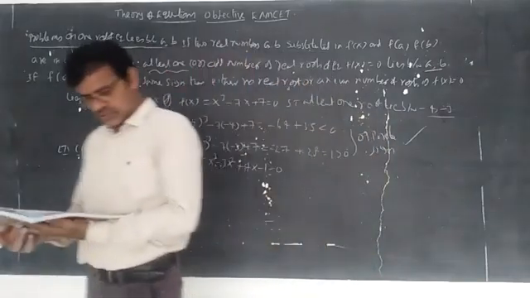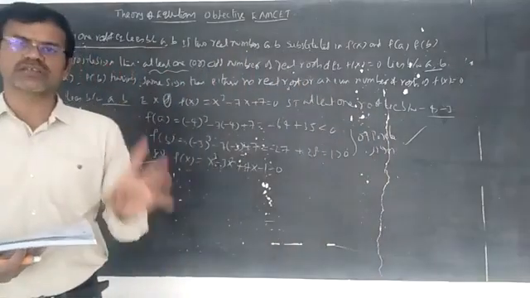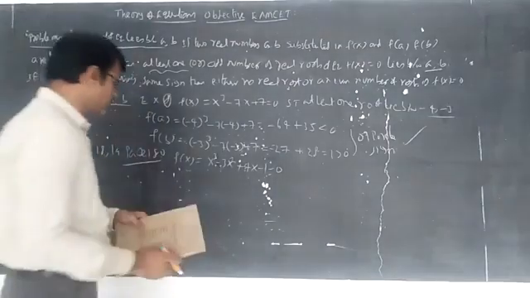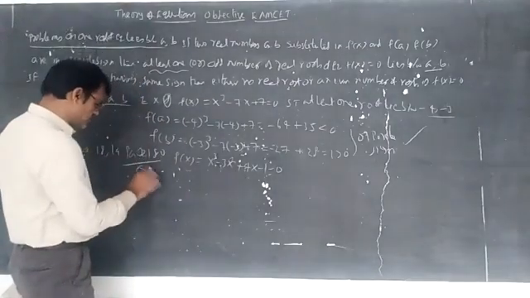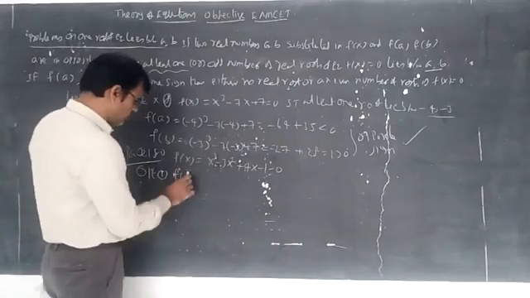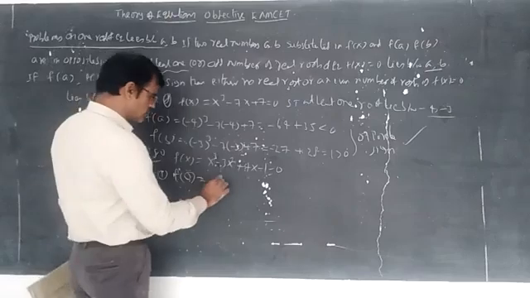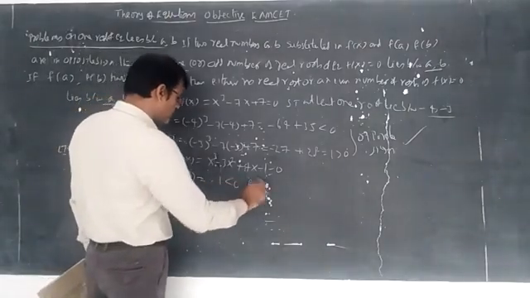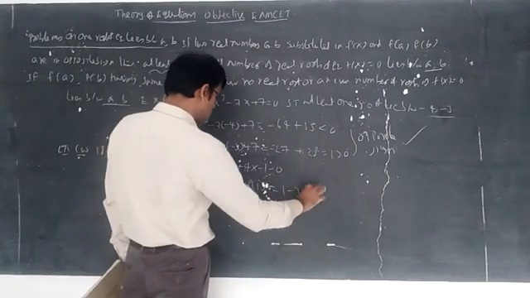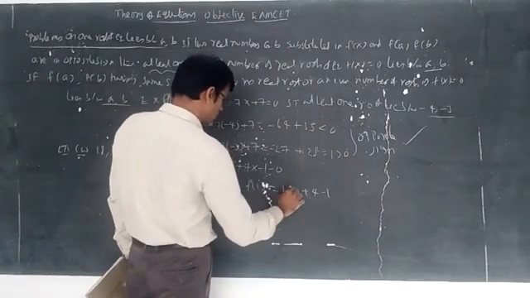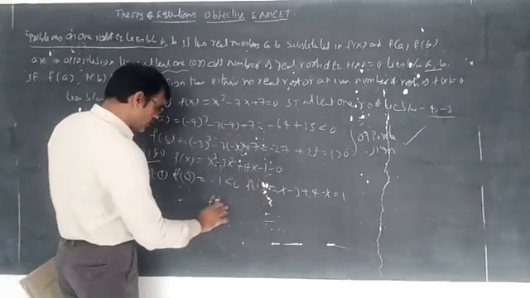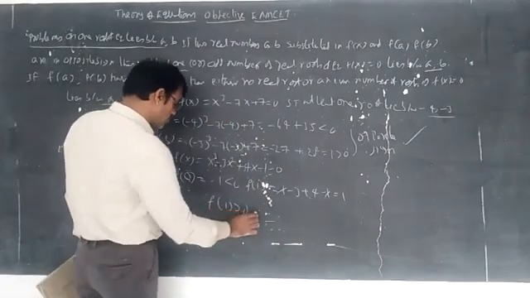He is asking where one root lies, which means at least one real root, so we should use the concept of f of a and f of b. Verifying option 1, 0 and 1 are there. F of 0, you substitute: minus 1, less than 0. F of 1, you substitute: 1 minus 3 plus 4 minus 1, the 1 minus 1 got cancelled, so f of 1 we got greater than 0.